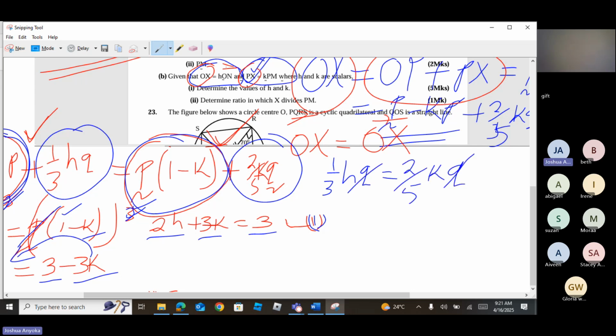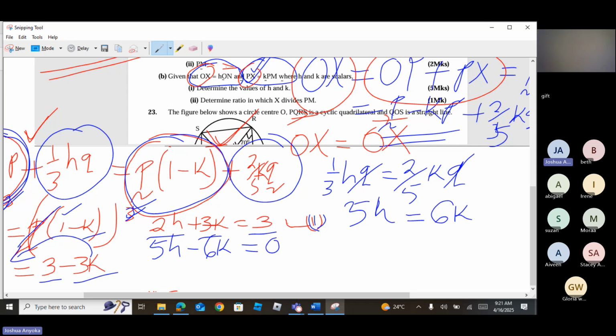Q and Q will cancel. 5H is equals to 6K. And this is another equation. If we rearrange, we have 5H minus 6K is equals to 0.